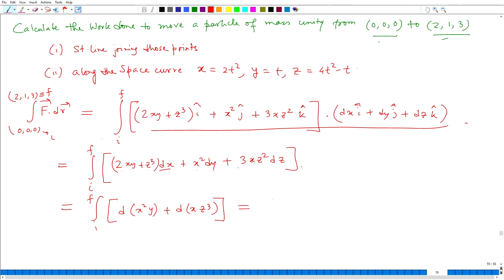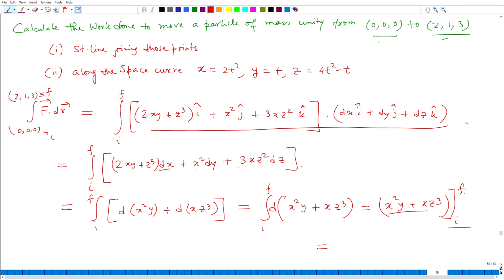So, finally, you will have the integration from i to f of d of x square y plus xz cube. So, finally, what will this be? The final value of this function minus the initial value of this function, and what is the final value when this is at the point 2 1 and 3, and what is the initial value when everything is 0 0 0. So, this value is 0.